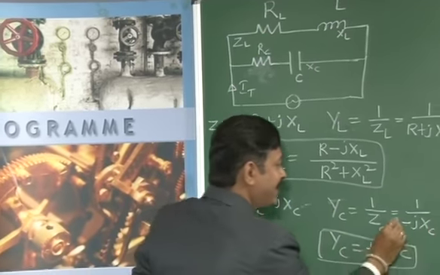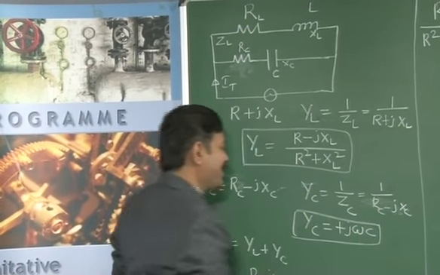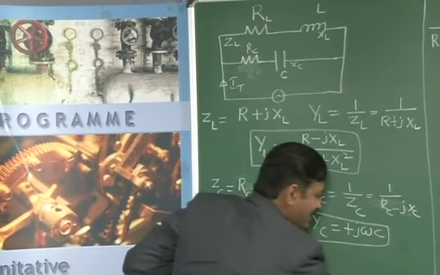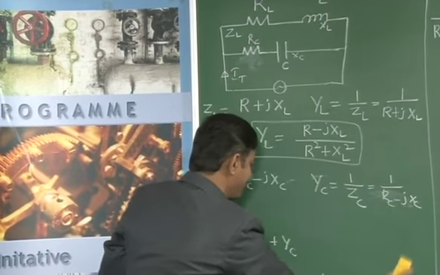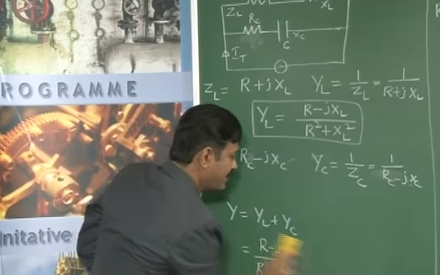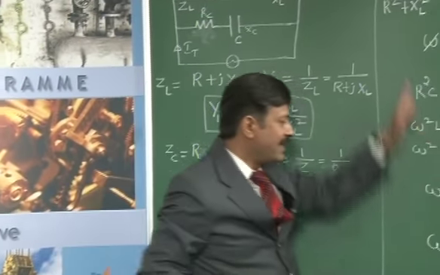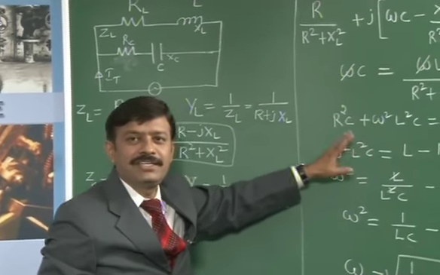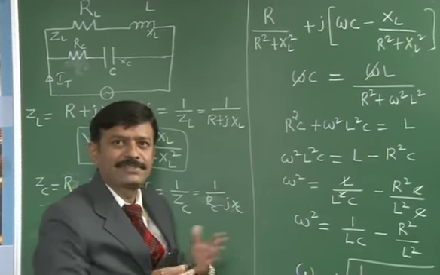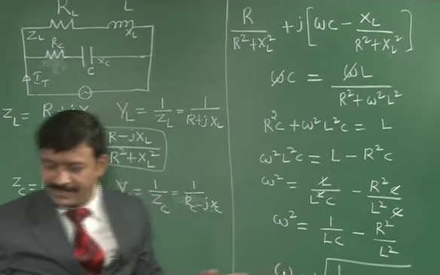Rationalize this, take the total admittance, substitute and rearrange in the expressions and do the simplification, and you will get this expression.